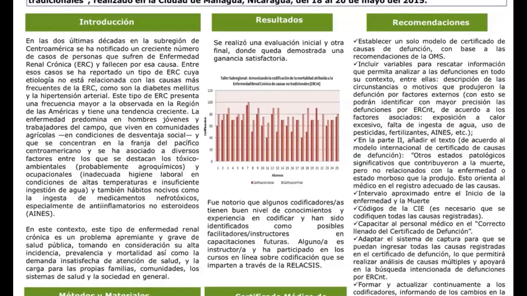As you can see in the last point, it was specified that within the chapter of U, they were locating in U50 the case of having a chronic kidney disease due to reasons that are not traditional.